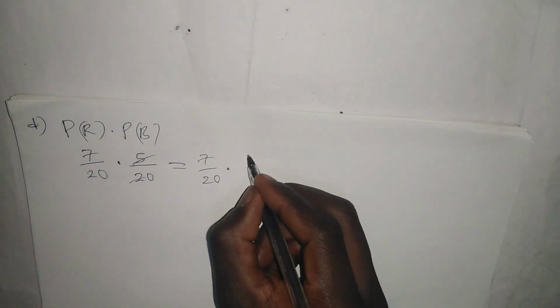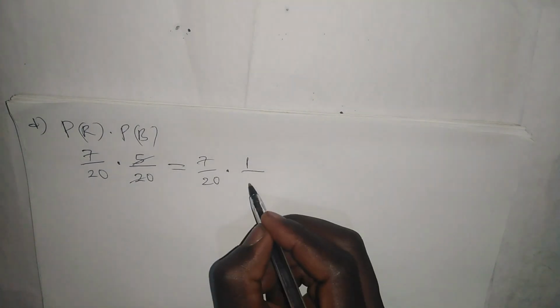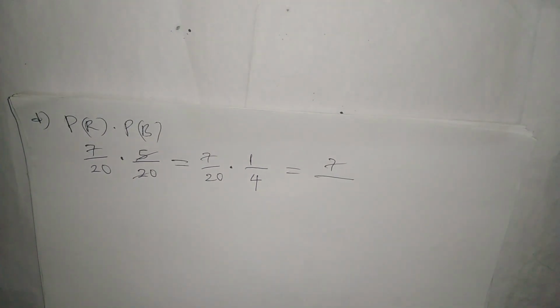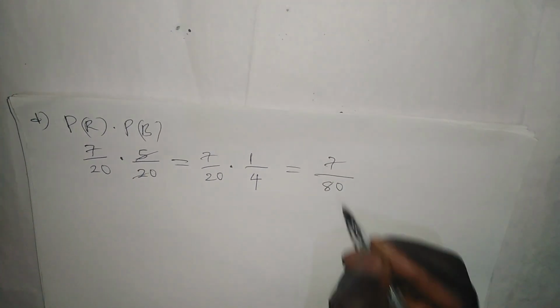So the probability of selecting a blue marble, we have 5 blue marbles in the jar, and 20 marbles in total in the jar. Put 7 all over 20, multiplied by 5 over 20. When you divide 5 by 5, you have 1, and 20 divided by 5 is 4, right? So this is going to be equal to 7 multiplied by 1 is 7, all over 20 multiplied by 4, which is 80, right?